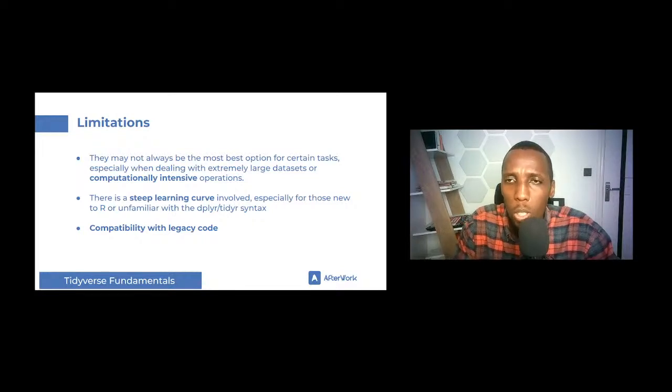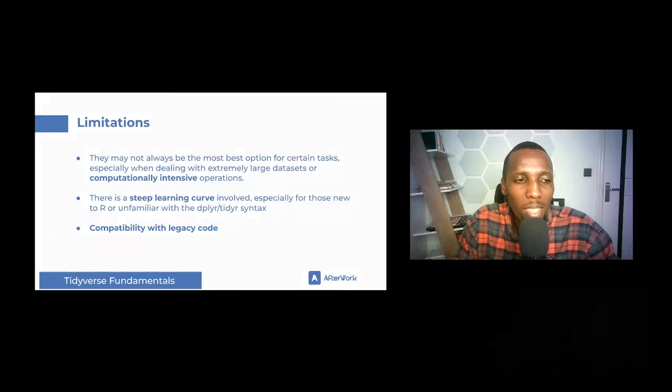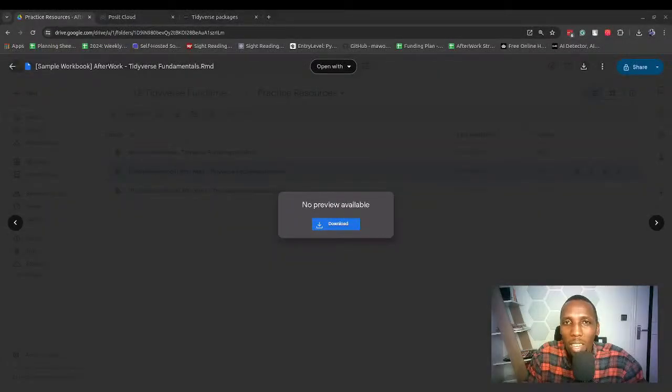Visit the description of this video and click on the resources link, and it should take you to a page where you can download the sample resource for this workshop. Once you click on the sample resource, you will get to a page that looks like this, where you need to download the file.